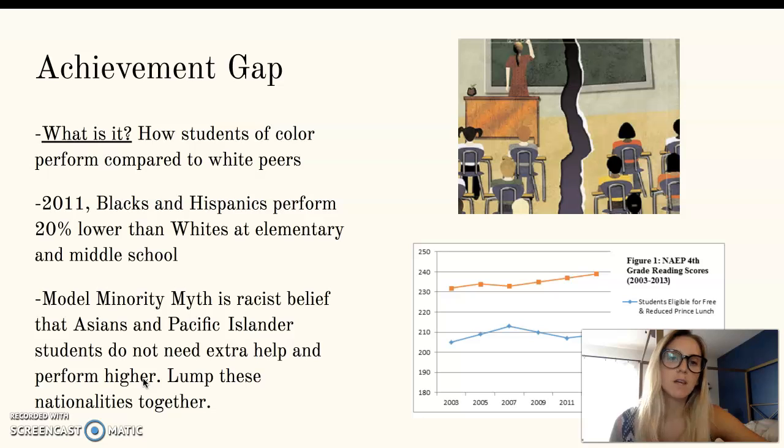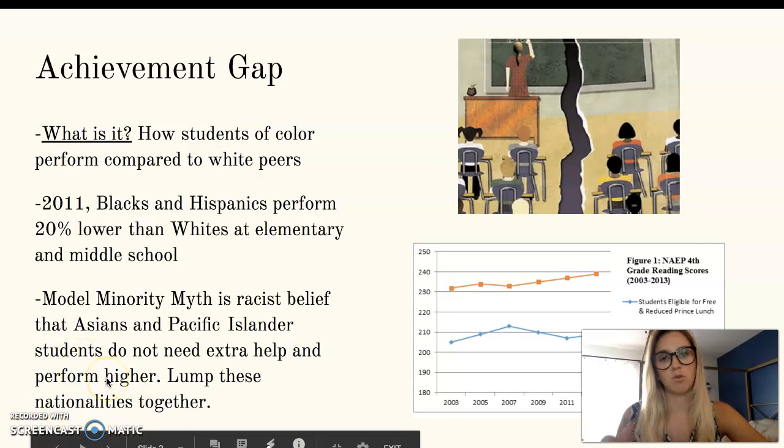And then this graphic that I added on the right is a little different lens, but a similar idea. Students that are eligible for free or reduced price lunch versus ones that are not. So basically, instead of looking at it through a racial lens, looking at it through an economic lens, which is obviously very much correlated.